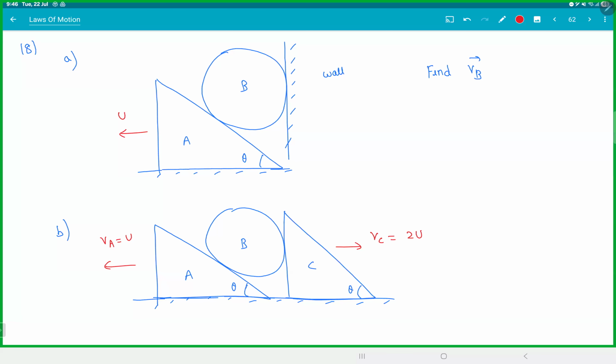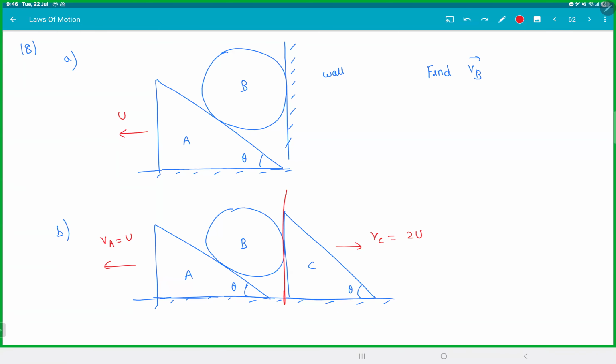Any ideas? Okay, Arya did get something. Now see, there is a way to do this thing. Both the problems can become the same if you do something. Can you stop C? If I stop C, doesn't this behave like a wall now?